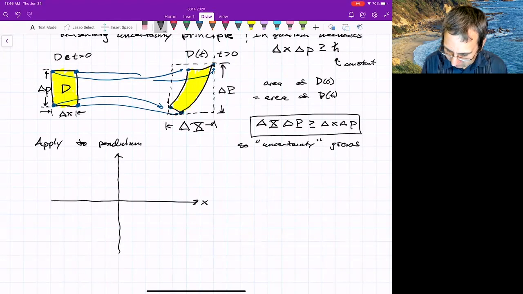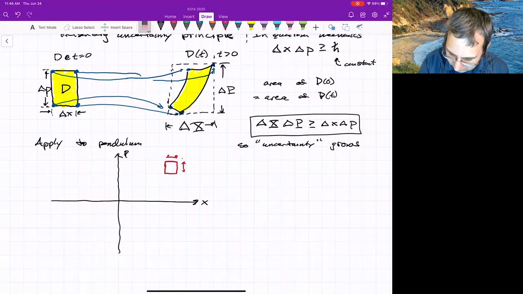But I'm still just going to call this X and P. So maybe I start with a box that is pretty small. My delta X and my delta P, let's just say they're roughly equal, and this is small. So this is my original area. Maybe I'll call that D naught or something.